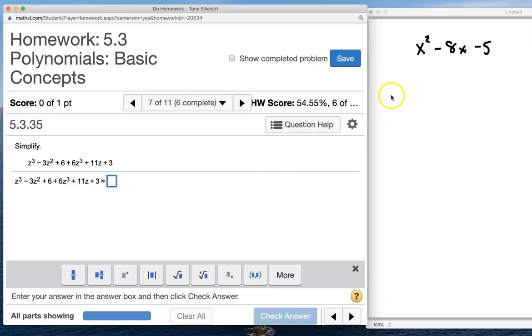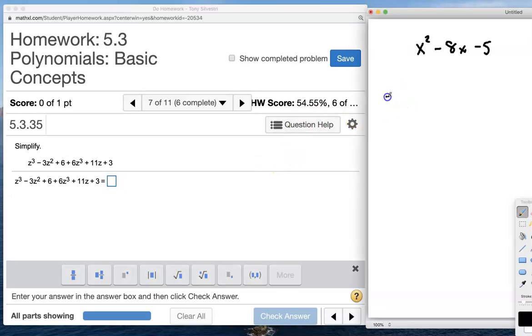In fact, you know what I'm going to do? I'm going to put these problems here. It might be best to just show you. -3x squared plus 6, plus 6z cubed, plus 11z, and plus 3.